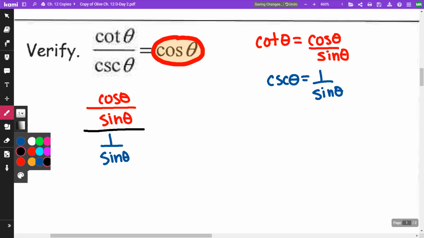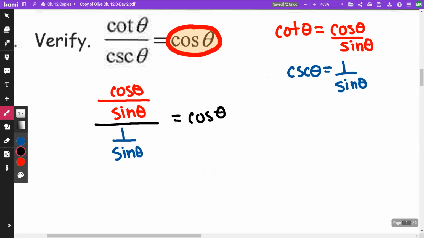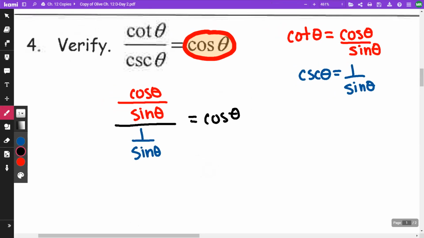And again, our goal is to get cosine theta. Now, when I am taking cosine of theta over sine theta and dividing it by this 1 over sine theta, remember, when I'm dividing by a fraction, I can multiply by the reciprocal. So I can really rewrite this as cosine theta over sine theta, and instead of divided by 1 over sine theta, it's going to be times sine theta over 1.